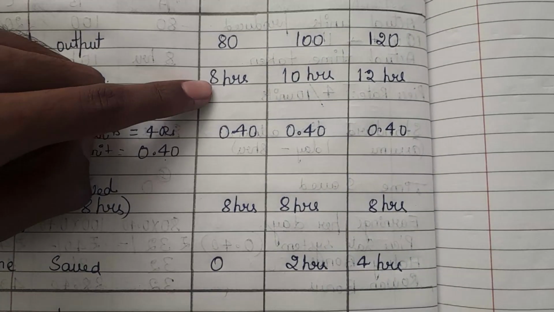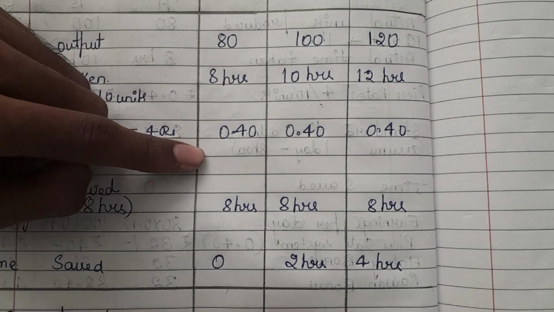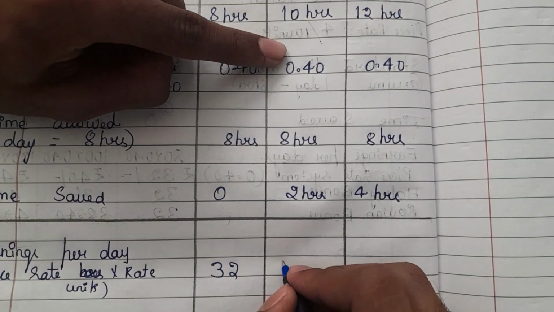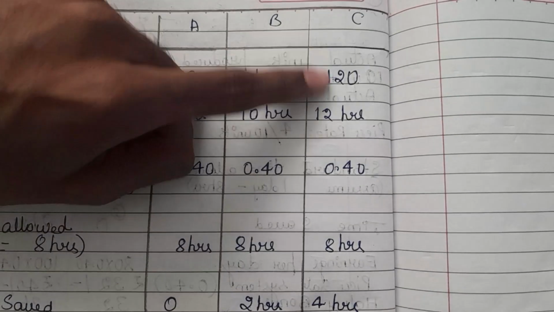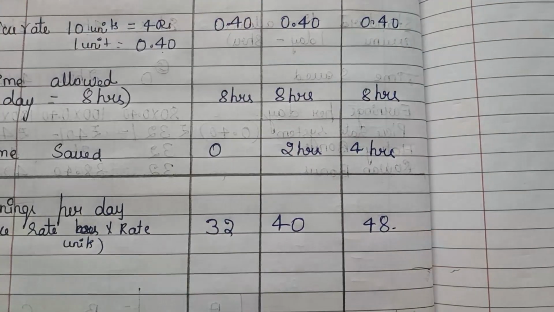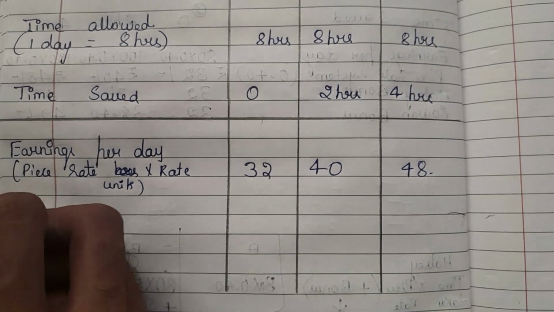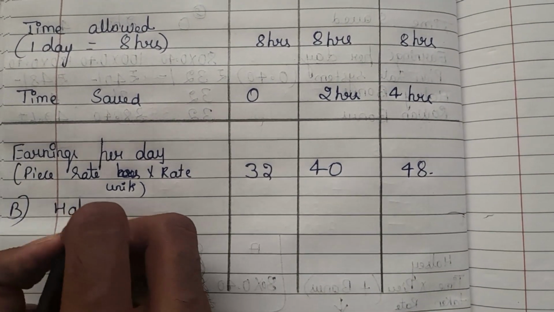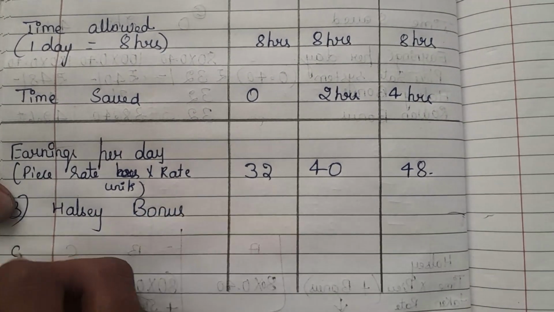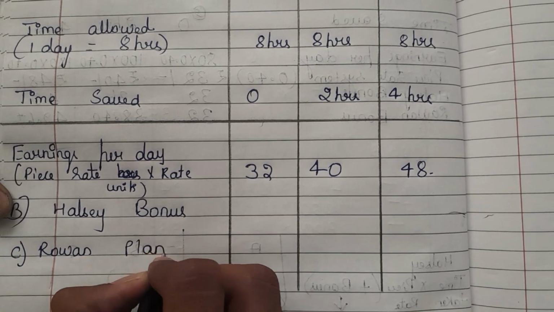They have produced 80 into 0.40, which will be 32, then 100 into 0.40 will be 40, then 120 into 0.40 will be 48. So this is the piece rate. Now next, we need to find the bonus based on the Halsey plan, and then based on the Rowan plan.